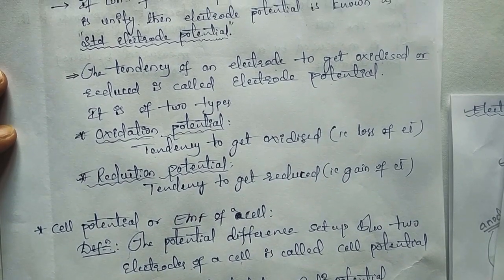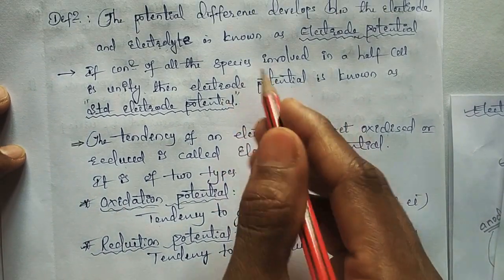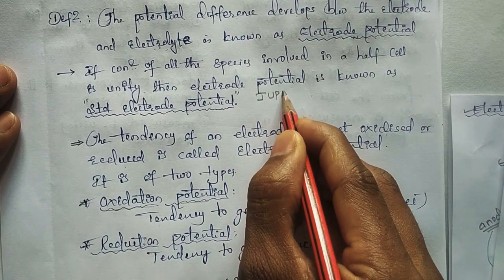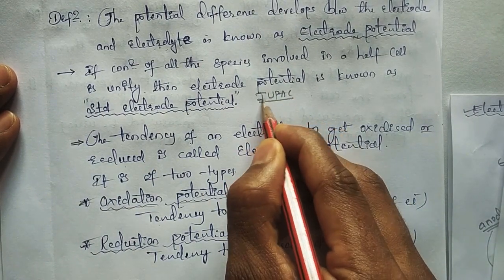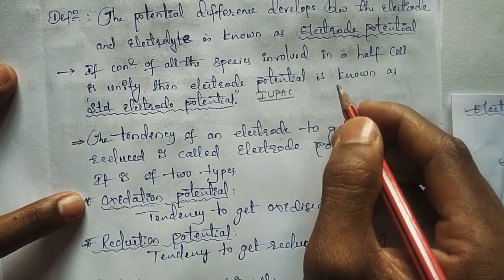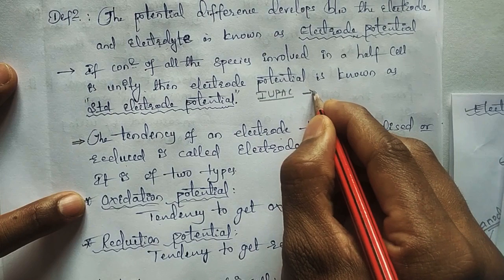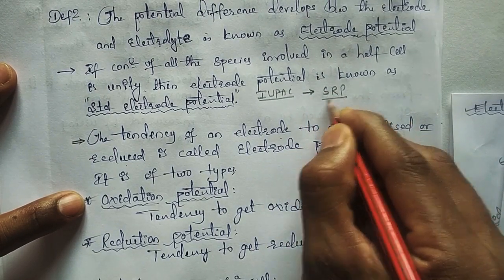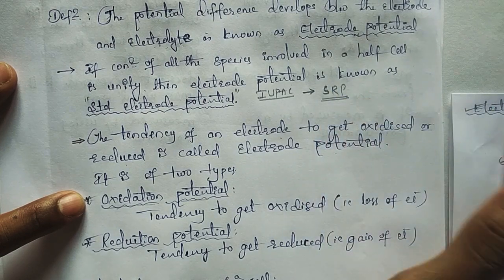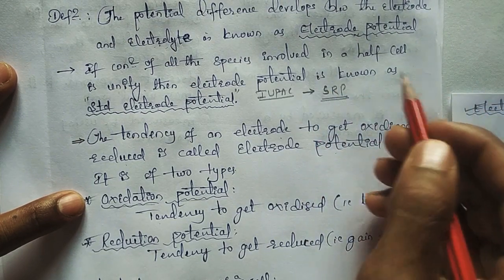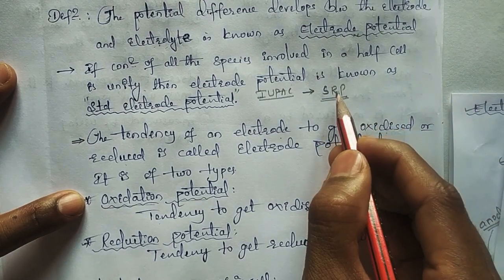In case of standard electrode potential, according to IUPAC convention, all standard electrode potentials are expressed as standard reduction potentials. According to IUPAC convention, the standard reduction potentials are now called standard electrode potentials.